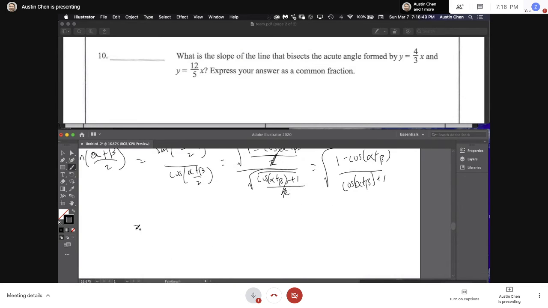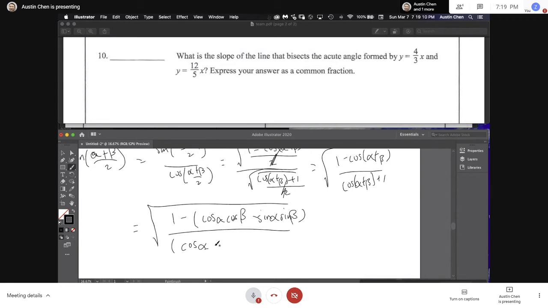So if we apply that, then this all equals 1 minus the cosine of alpha times the cosine of beta minus the sine of alpha times the sine of beta. And then we're just going to make the same substitution into this one. And then this is our expression.